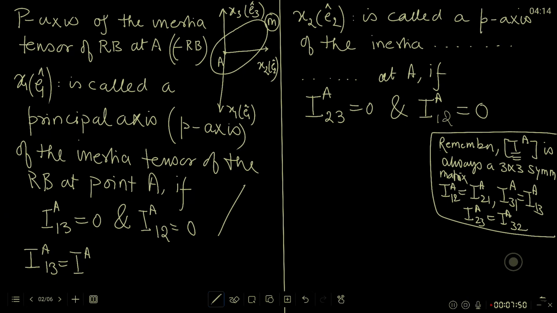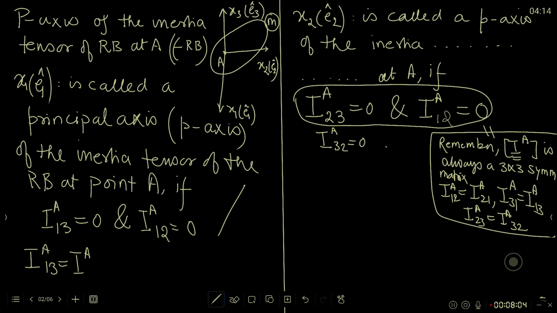Why am I reminding ourselves of this? Because I could have as well written this condition as I_A32 = 0 and I_A21 = 0. Makes no difference. So these two are the same. I_A23 being 0 is the same as I_A32 being 0. I_A12 being 0 is the same as I_A21 being 0.